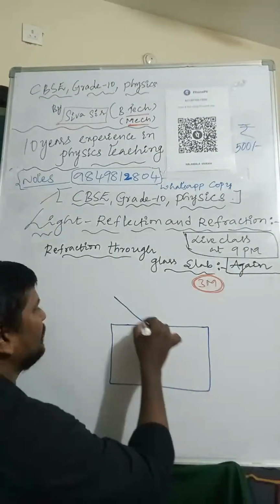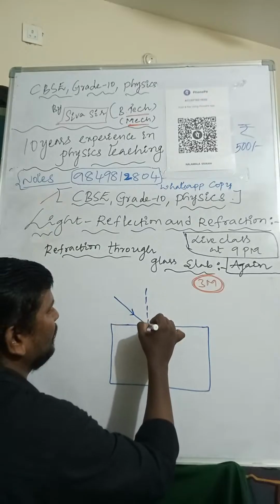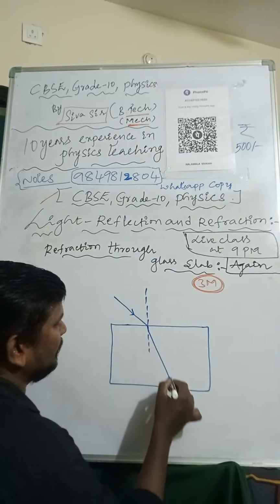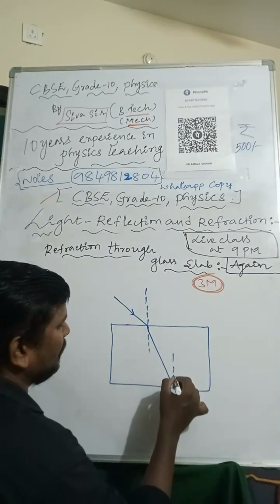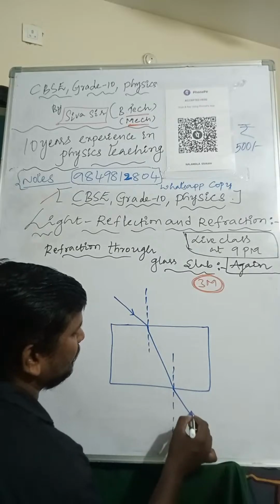So I'm taking this incident ray and the normal line. Again it passes like that.